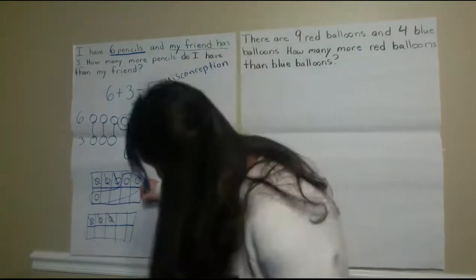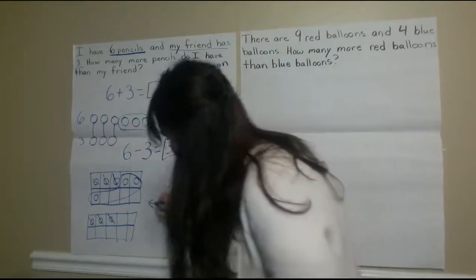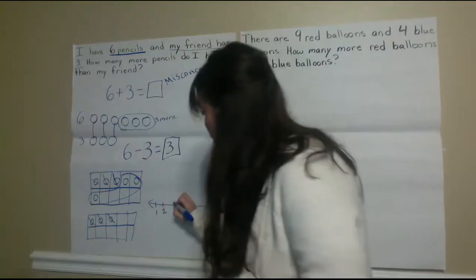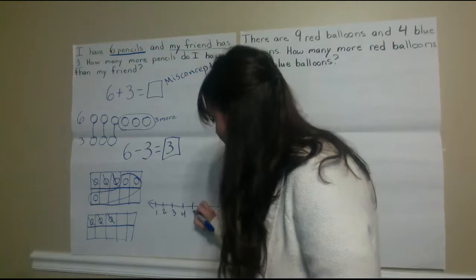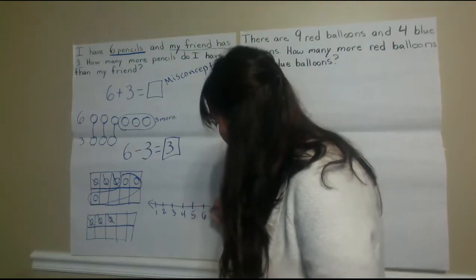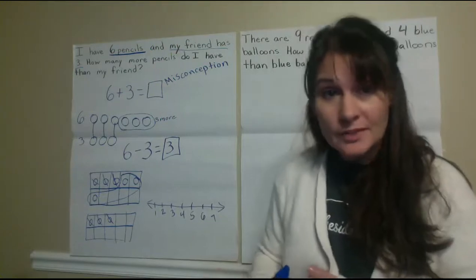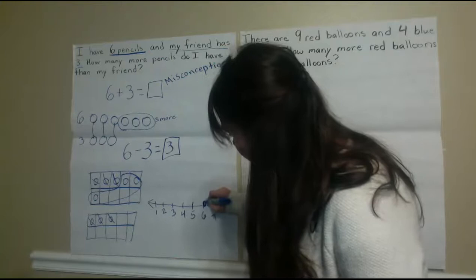I could have used a number line to show that thinking as well. Remember, when you are drawing your number line, you do not want to make your numbers too close, because if you make them too close, they can sometimes make a mistake when we're doing our hops. So I know that I had 6, right?